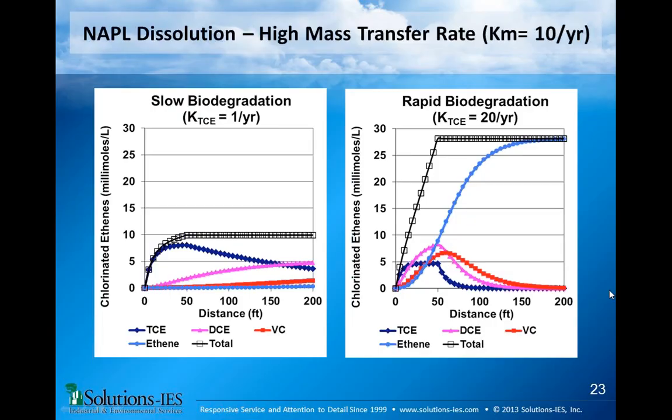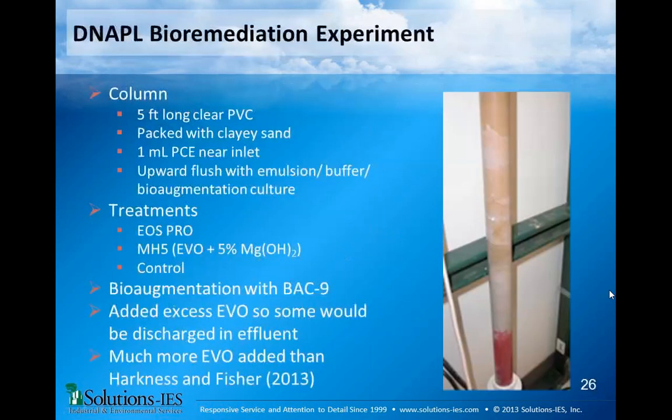If you actually produce that much ethene, you get gas bubbles coming out. This is way more than that, and we've not included degassing of ethene in this. I've also not included the fact that at these high DCE concentrations, you would get some DCE partitioning back into the NAPL. This is a very, very simplified representation.